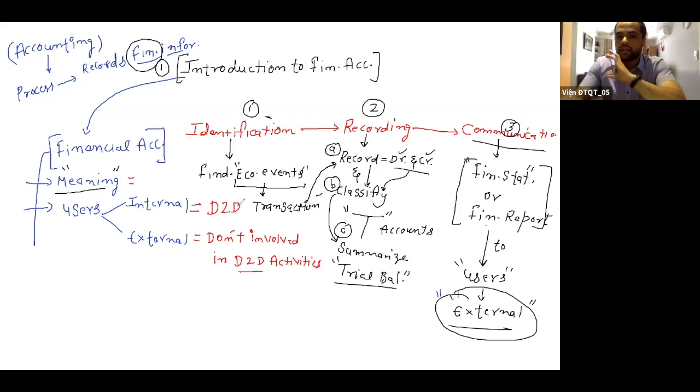In other words, internal users generally go to the company on a regular basis, probably every day, not literally every day, but with regular involvement in the company's transactions or activities. That's the difference. Internal means involved in day-to-day business activities. External means not involved in day-to-day business activities.